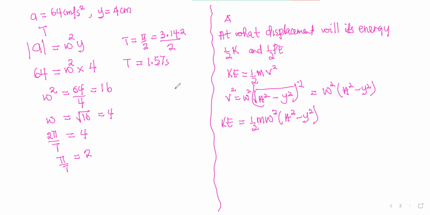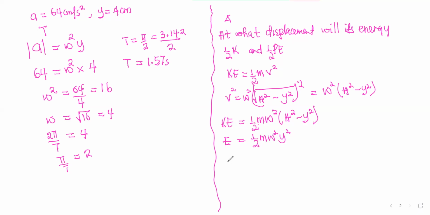Then the potential energy. Obviously, since we were not told that it is gravitational potential, we take it as elastic potential energy, which is half m omega squared times y squared. So if it is half potential, half kinetic, then they are equal at that point.